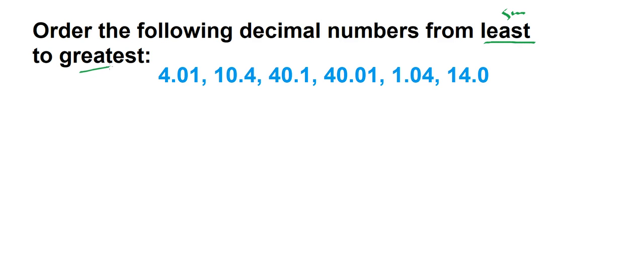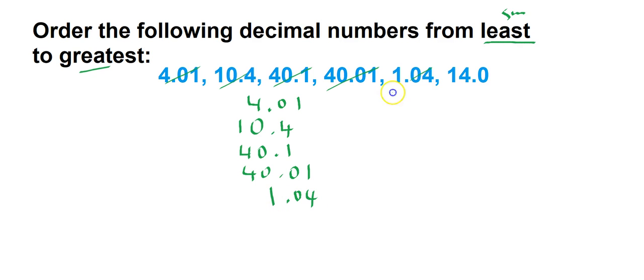So let's do that. We've got 4.01, that's this one, 10.4, we've got 40.1, we've got 40.01, we've got 1.04, and we've got 14.0.